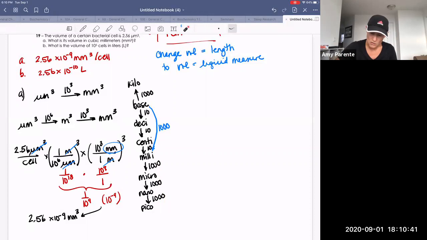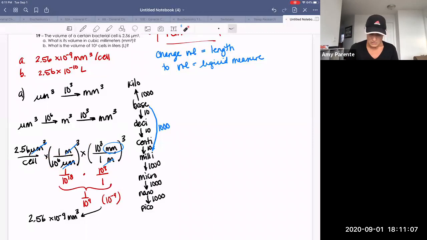So you're right. When we go from centi to milli, this is getting smaller going down here, so we'd actually be dividing by 1,000 going that way. But I always think it's too easy to get confused. Am I supposed to multiply or divide? What am I supposed to do with that factor? That's why I like to use it as a unit conversion, because that will tell you whether you're dividing by it.